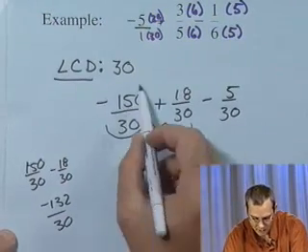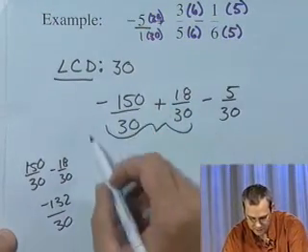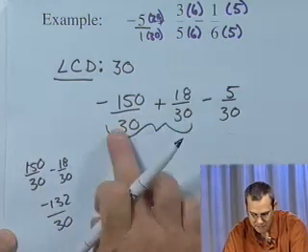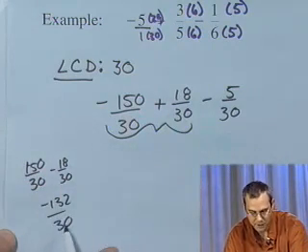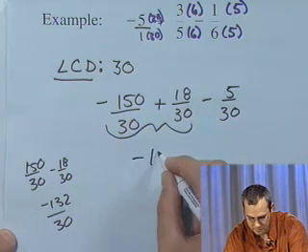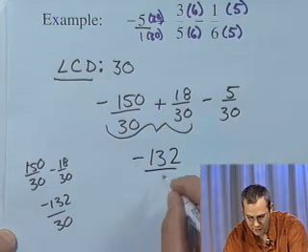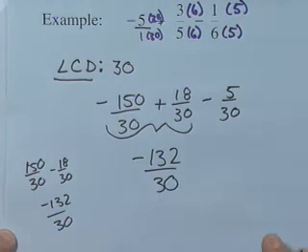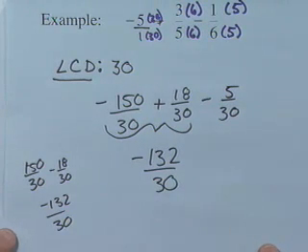Again, I'm combining these two, so I take the difference in their absolute values, which is 132 over 30, but I take the sign of the larger number. You can go ahead and review the previous lecture. I'm kind of doing little shortcuts here.